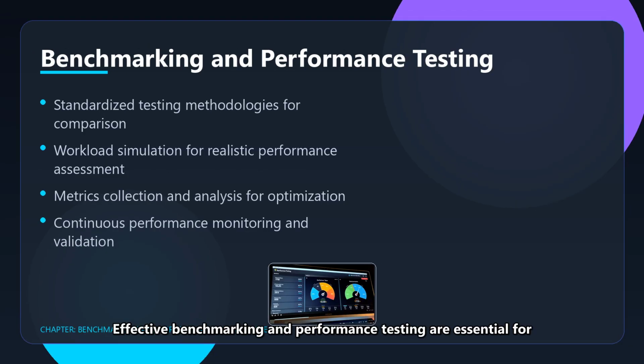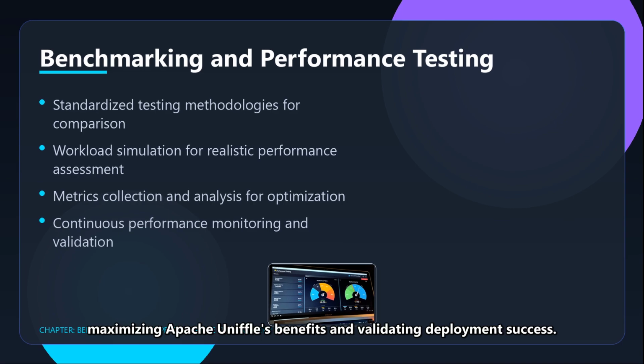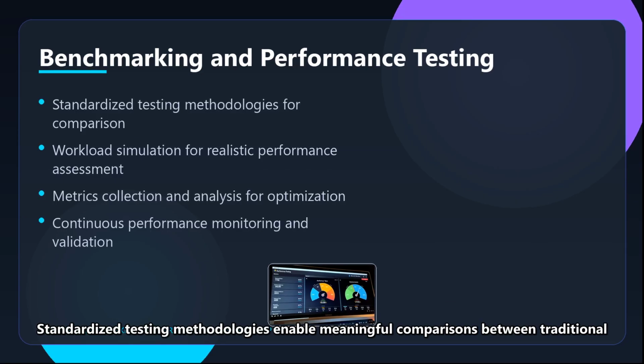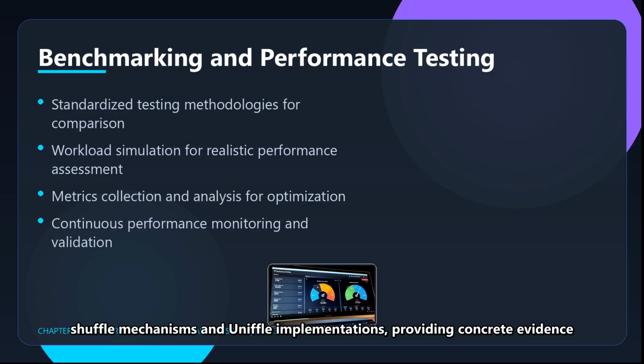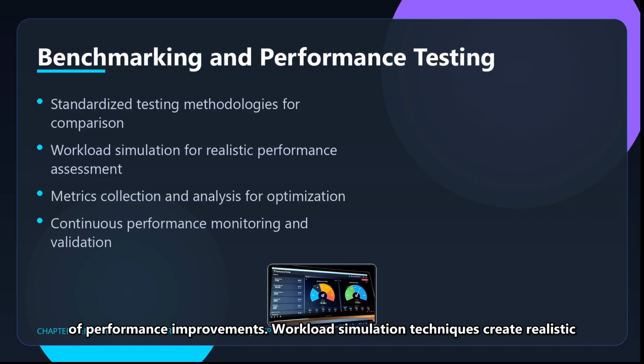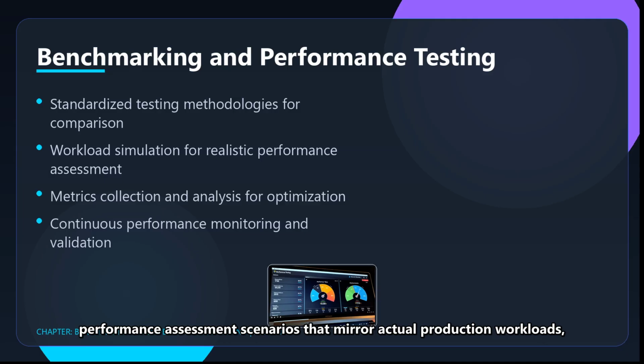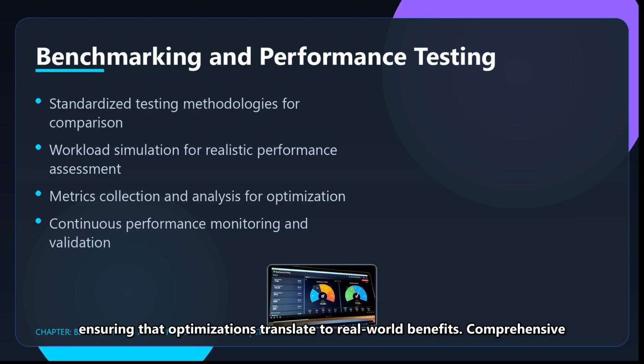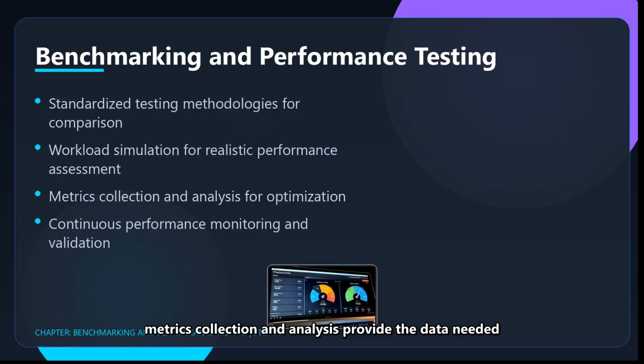Effective benchmarking and performance testing are essential for maximizing Apache Uniffle's benefits and validating deployment success. Standardized testing methodologies enable meaningful comparisons between traditional shuffle mechanisms and Uniffle implementations, providing concrete evidence of performance improvements. Workload simulation techniques create realistic performance assessment scenarios that mirror actual production workloads, ensuring that optimizations translate to real-world benefits.